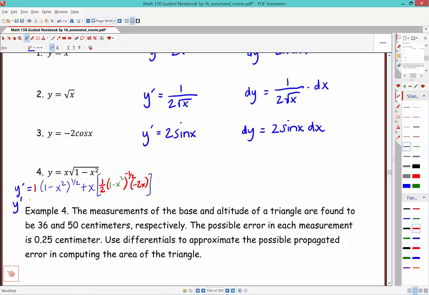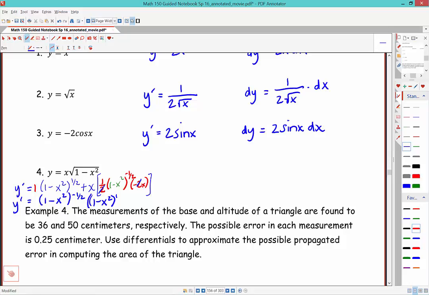So, continuing to simplify, y prime is going to be, let's see, we can divide out a 2, and we can factor out a 1 minus x squared to the negative 1/2, and we'll be left with 1 minus x squared to the 1, right?